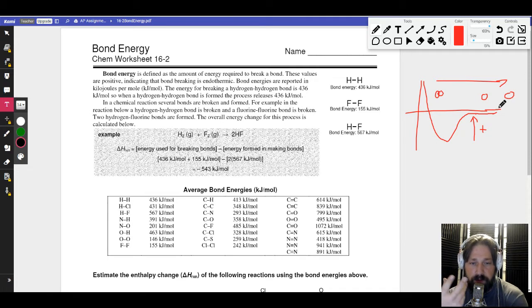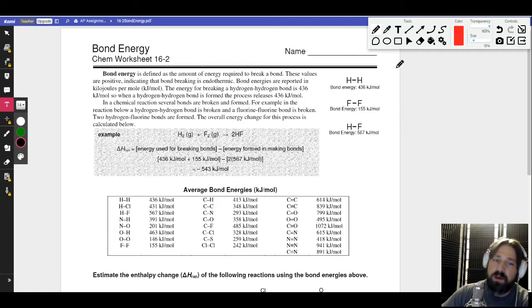If bonds are being formed, magnets are coming together, you hear a clack, that is energy being released. Whereas if you're pulling magnets apart, you have to put energy into it to pull it apart. So energy into it means endothermic, which means your delta H here is going to be a positive number.